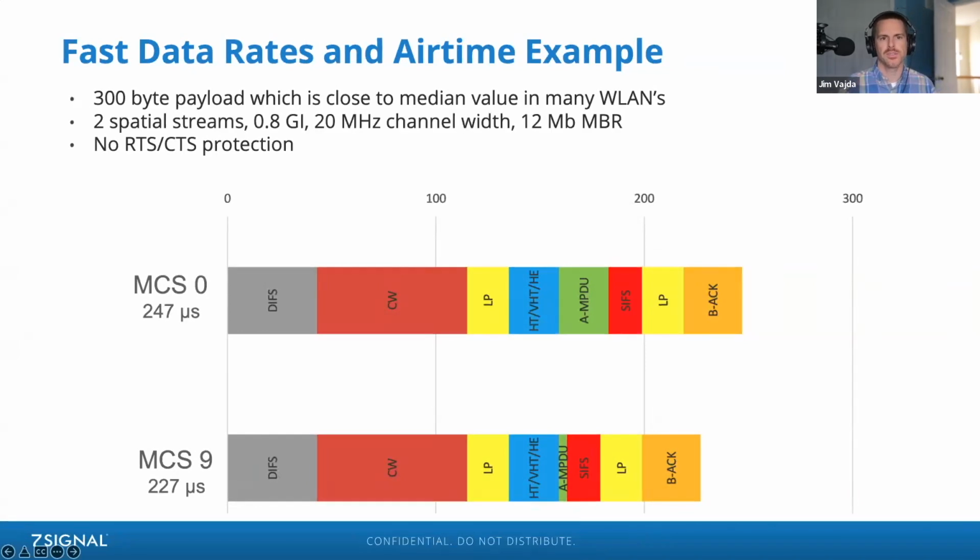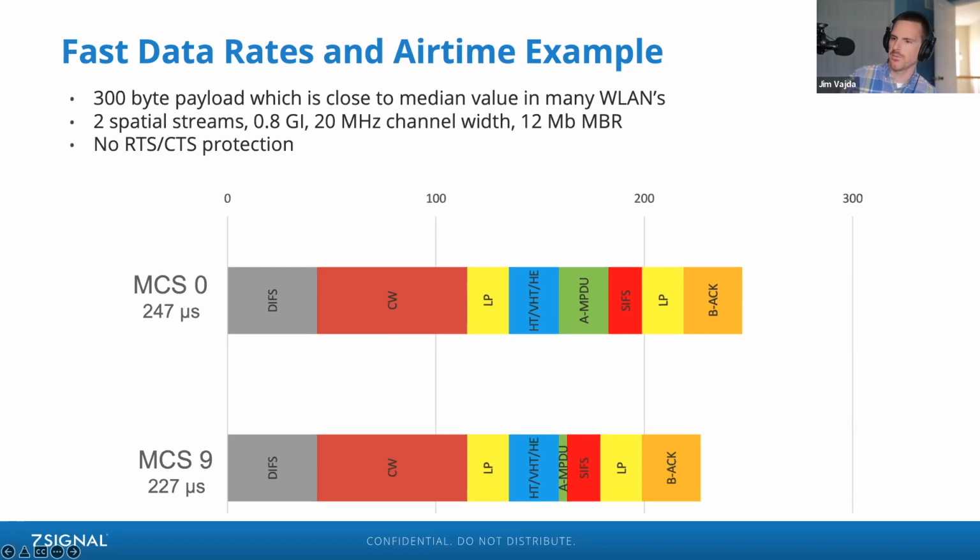This shows the amount of airtime it takes to send 2 frames, right? They both have a 300 byte payload, which is pretty common for Wi-Fi packets, 2 spatial streams, normal guard interval, 20 megahertz channel, and 12 megabit minimum basic rate. So, pretty typical conditions here.